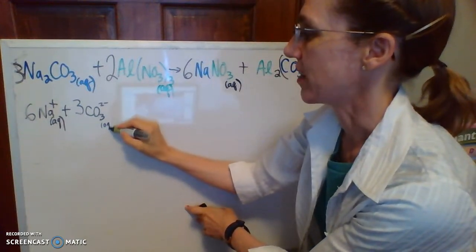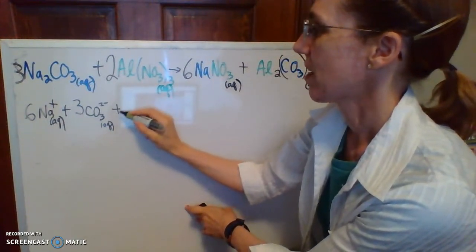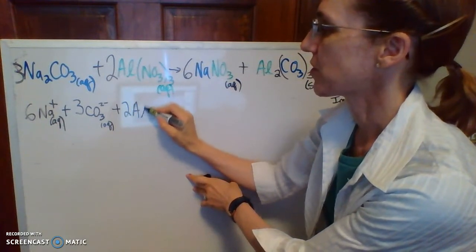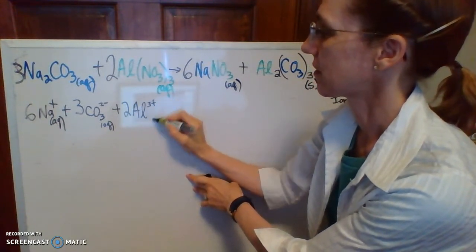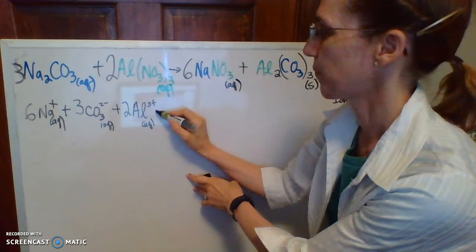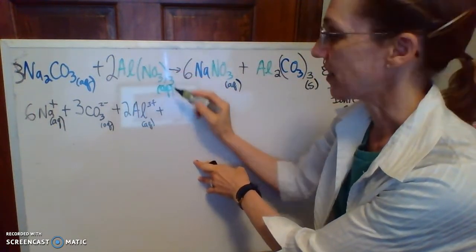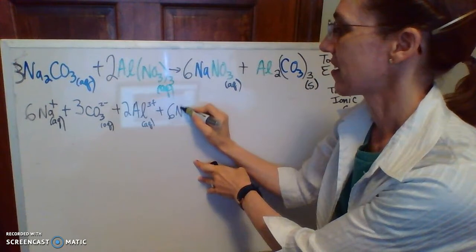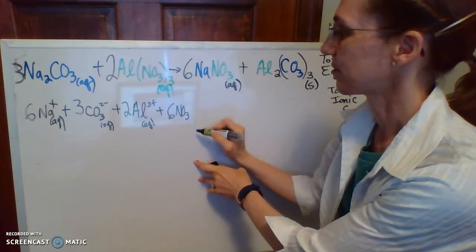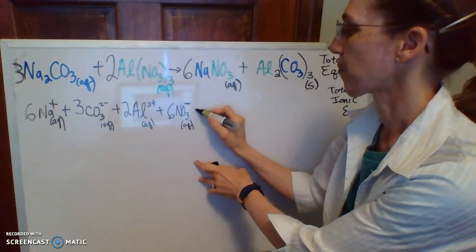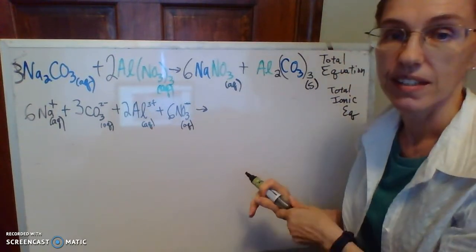Okay, and that's an AQ. We have 2 aluminums, and aluminum is always a plus 3. Of course, an AQ. And we have 2 sets of 3 nitrates. So that makes 6 nitrates. And nitrate's always a minus. AQ. Alright.